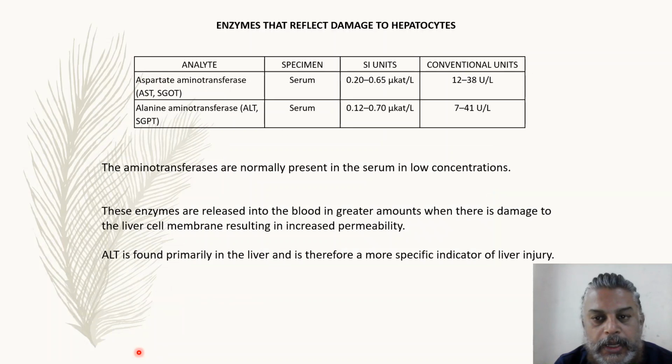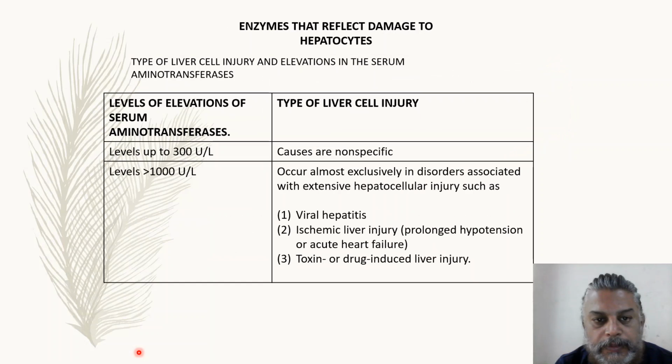We know the normal levels of SGOT and SGPT. In liver disease, if it is less than 300 units, it is usually non-specific, but if the SGOT and SGPT are more than 1000, it is usually because of acute viral hepatitis, ischemic liver injury, that may be because of prolonged hypotension or acute heart failure, or because of drug-induced liver injury.